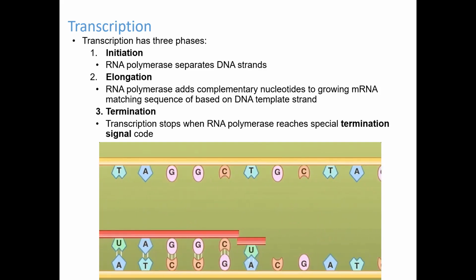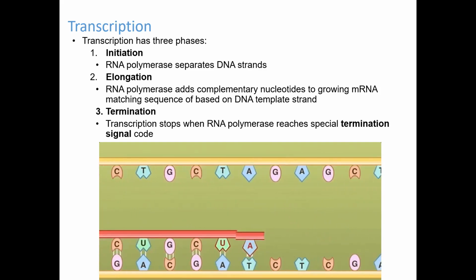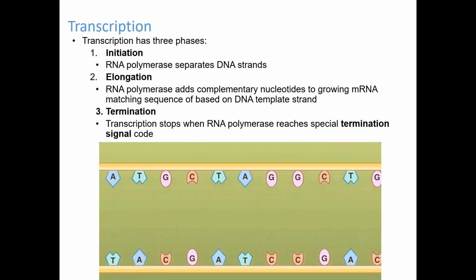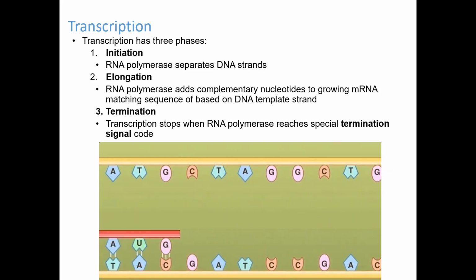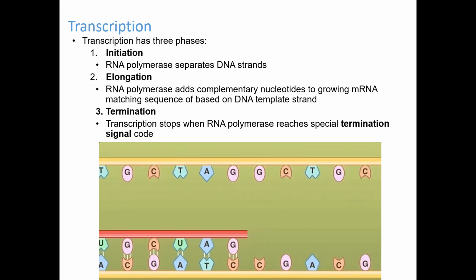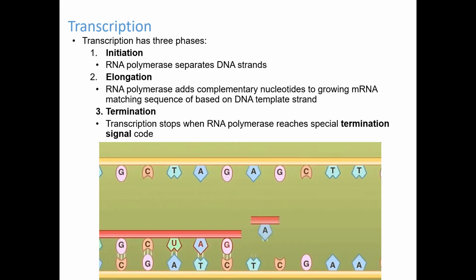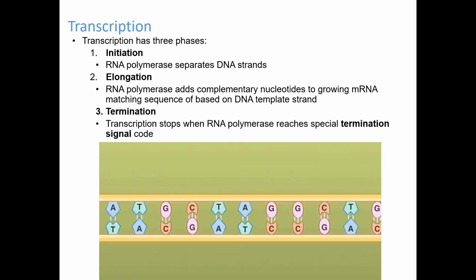And it will continue till we get to the termination point. Whether it's 360 amino acids in length or 60 amino acids in length, we will have all the bases necessary for each one of those amino acids.